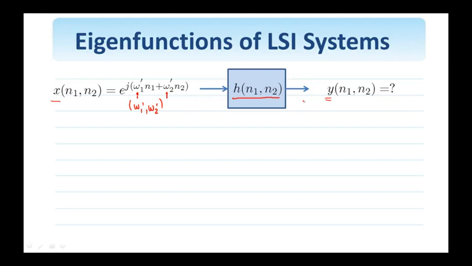Of course, by now we know how to find the output of an LSI system. It's y(n1, n2) is equal to the convolution of the input to the system with the system's impulse response. If I apply directly the definition of the convolution, this is equal to this double sum.